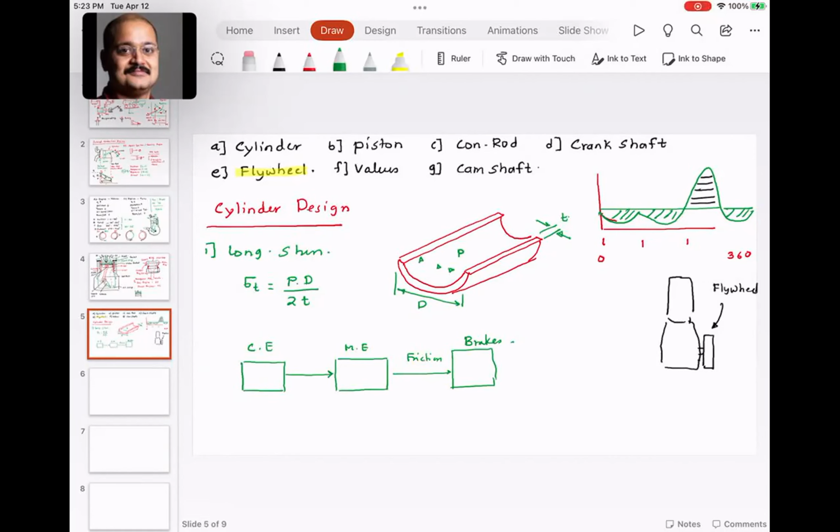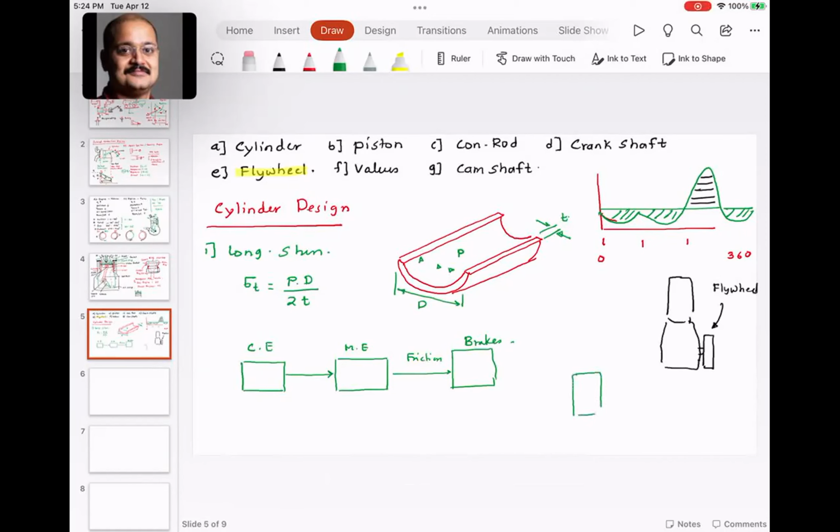Now, once you have the mechanical energy, you have frictional losses. You have the losses between the piston and cylinder. You have losses in the valve train. You have the losses in the crankshaft. Every rotating component is going to consume some amount of power. So let me talk about this.